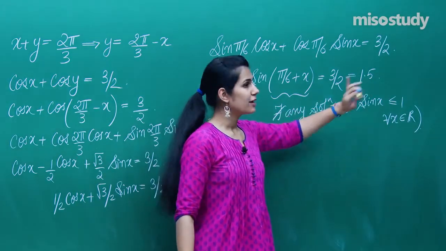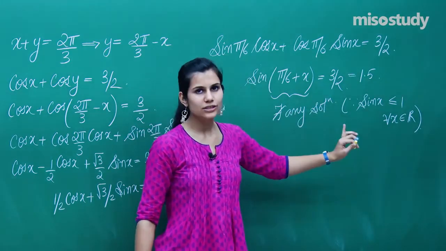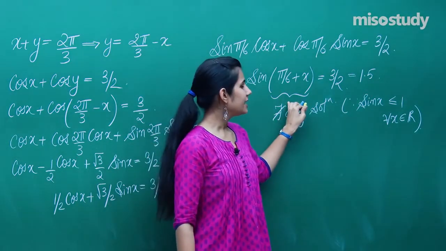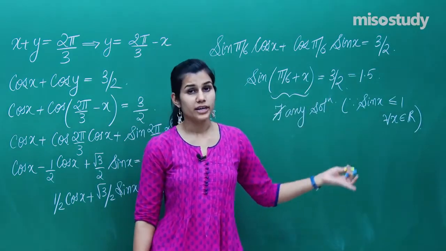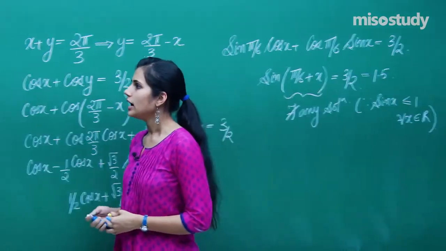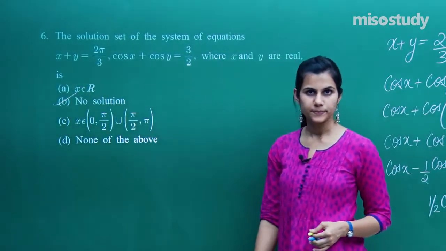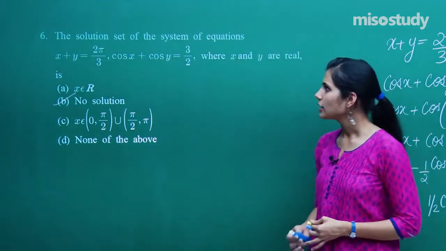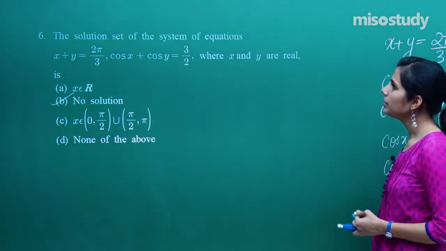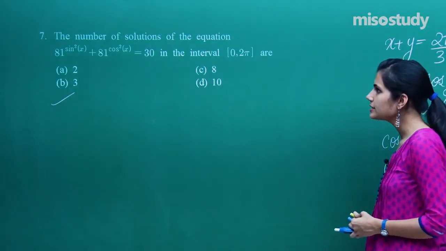But here it is coming out to be 1.5 and there is no such real number for which sine is 1.5 or greater than 1. And therefore the answer is no solution. Understood? That's how you deal with this question. Pretty simple and nice question, I would grade it as.